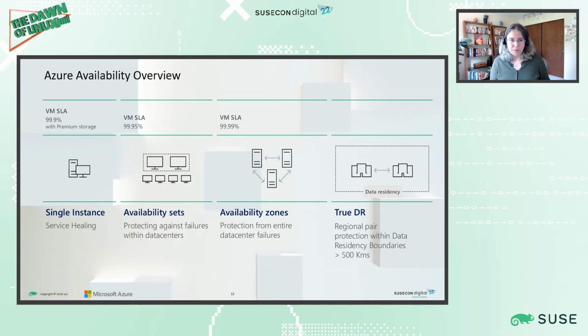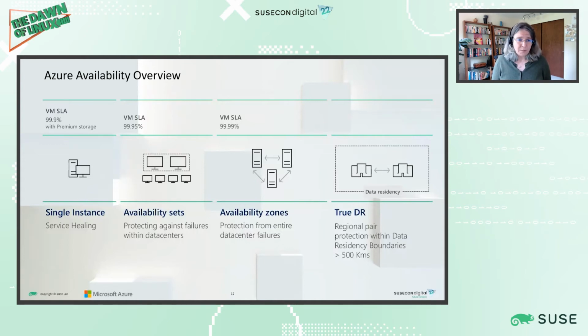Now, the other construct, which is becoming more and more popular with SAP on Azure customers, is the construct of availability zones. When you deploy your virtual machines or your application across availability zones, you gain protection from an entire data center failure, or entire zone failure.